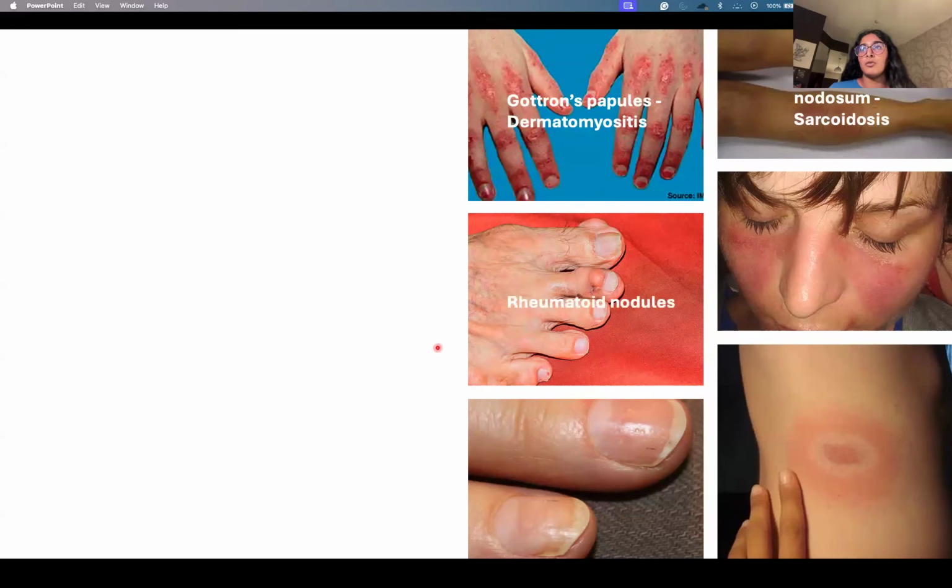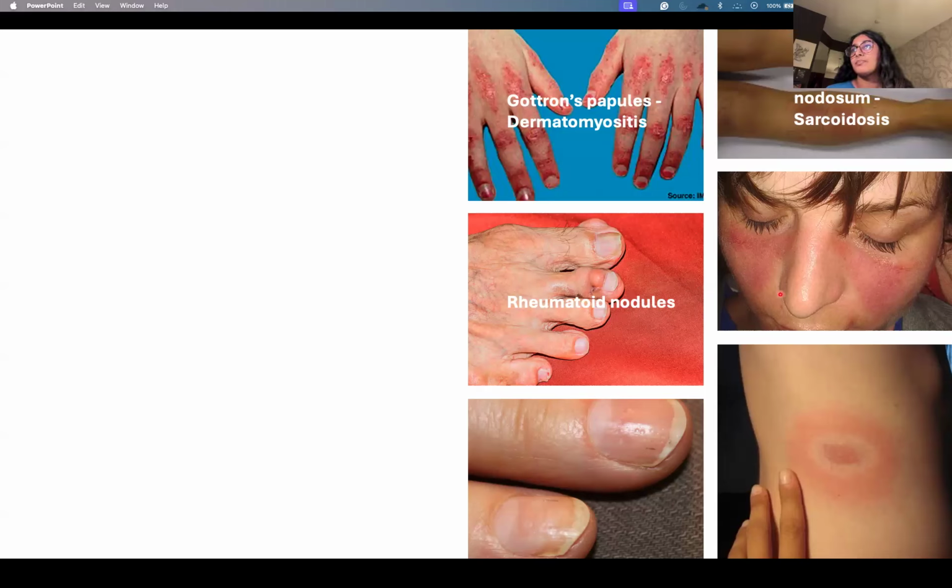These are rheumatoid nodules. So also think about the location. Gouty tophi, very stereotypically, you'd see behind the ears, elbows. On the feet it could be rheumatoid, could be gouty as well.